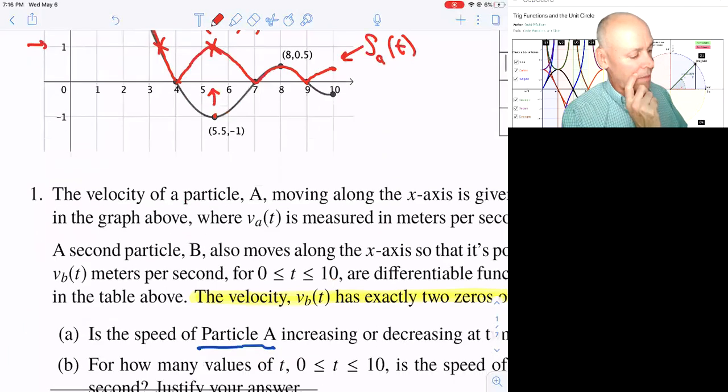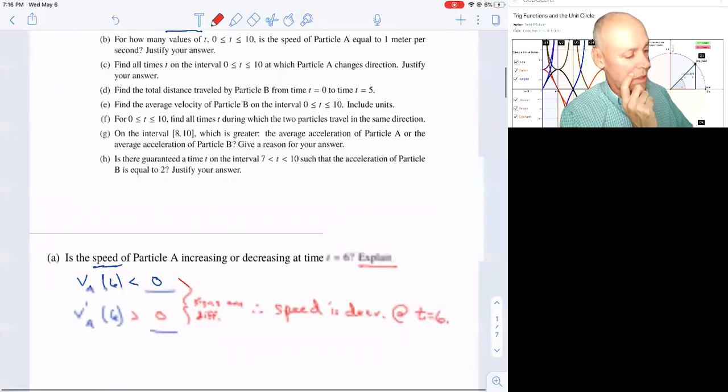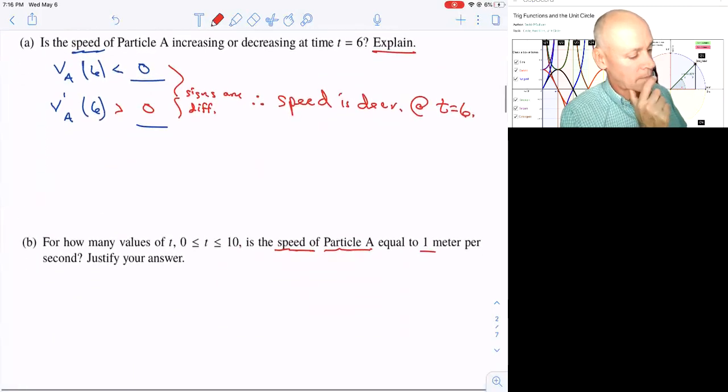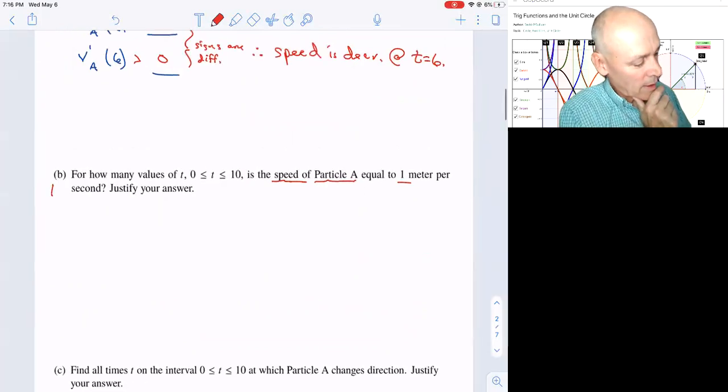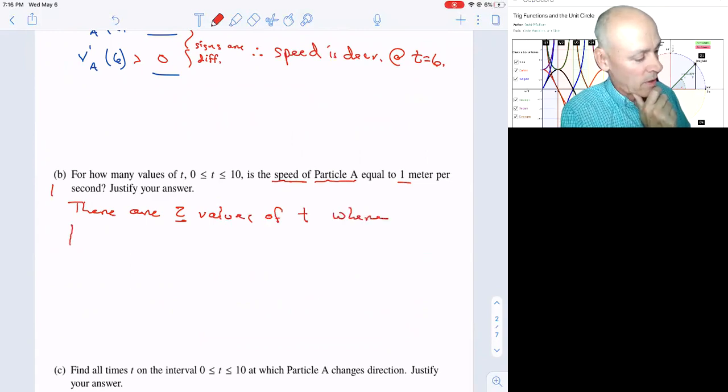So my answer: there are 2 values of t where speed, which I'm going to call the absolute value of v_A at t, is equal to 1.